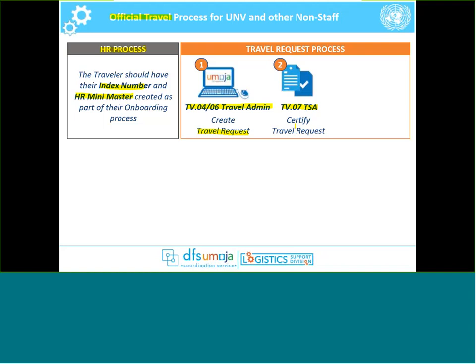Or if it's a consultant that is traveling within mission, you need to ask the consultant who is going to be paying for his trip. This is something you should be asking your traveler, because that's the one that should be telling you who's going to pay for his trip, either within mission or outside mission.